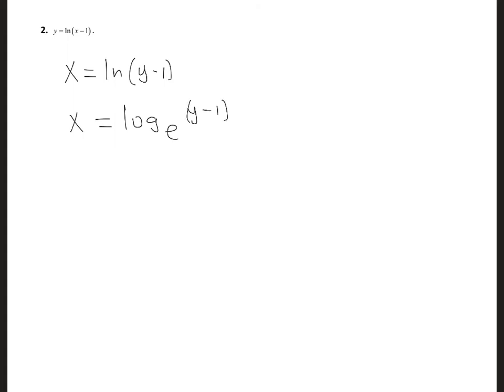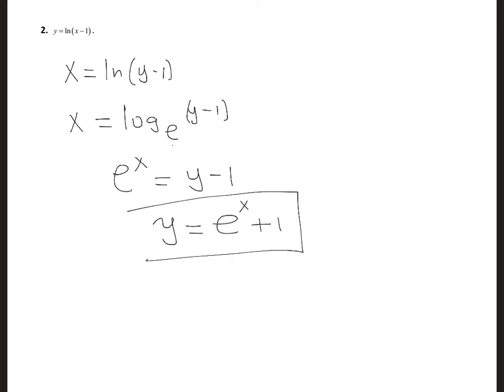So now I'm just going to rewrite it as an exponent. e raised to x is going to be equal to y minus 1. I just wrote it as an exponent. And then to get y, I add 1 to both sides, and this is going to be e raised to x plus 1. And that's the answer.